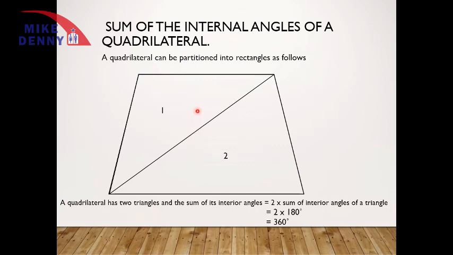So if a quadrilateral has two triangles joined together, and the sum of the internal angles of a triangle is 180 degrees, it means the sum of the internal angles of a quadrilateral would simply be 2 times the sum of the internal angles of a triangle, which is 2 times 180 degrees. And the answer will be 360 degrees.